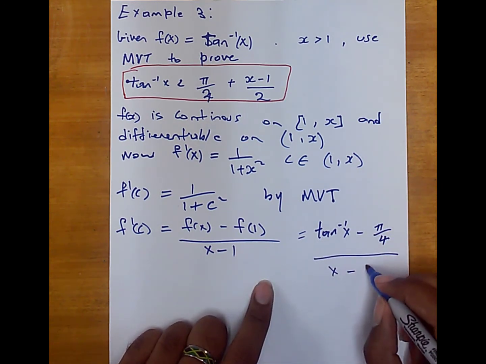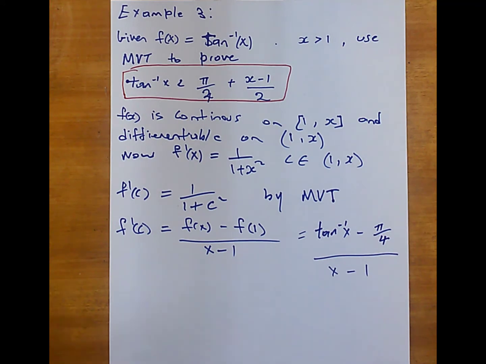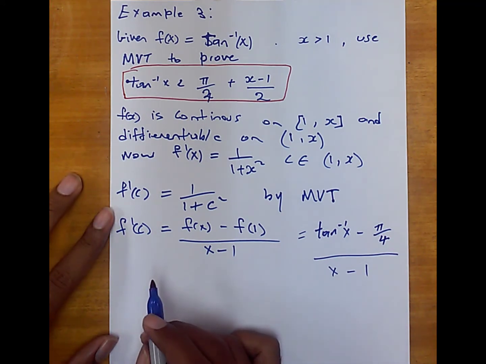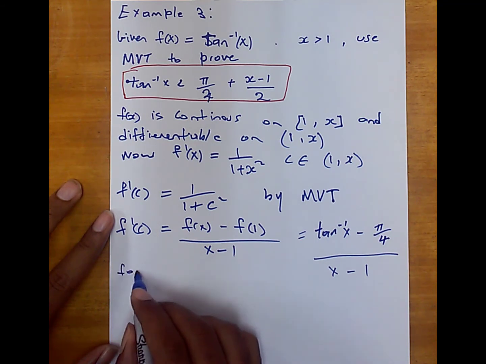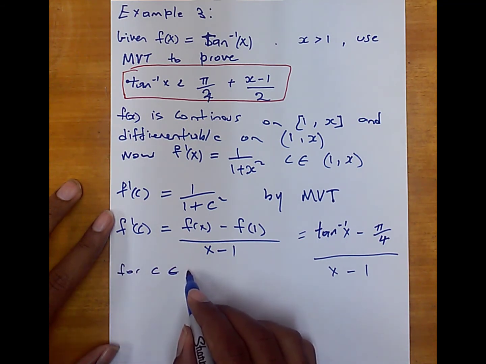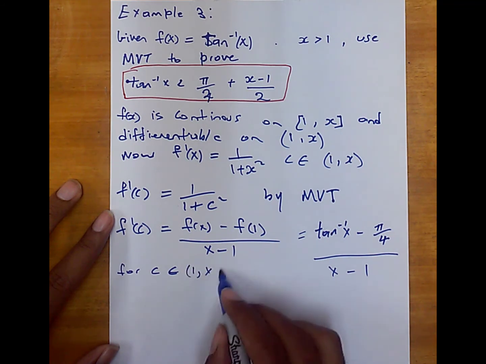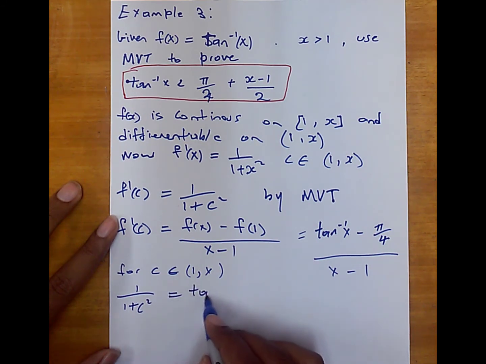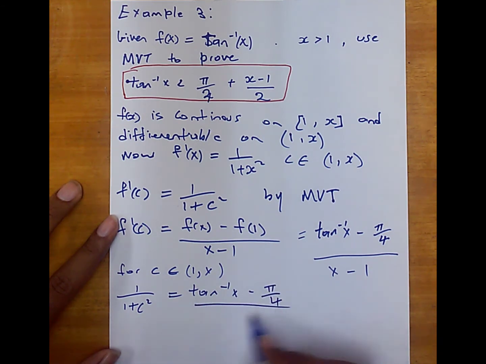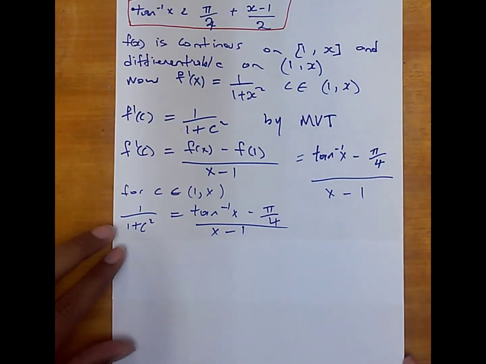over x minus 1. Therefore, it implies that for c in (1, x), we have 1 over 1 plus c squared is equal to tan inverse x minus pi over 4 over x minus 1.